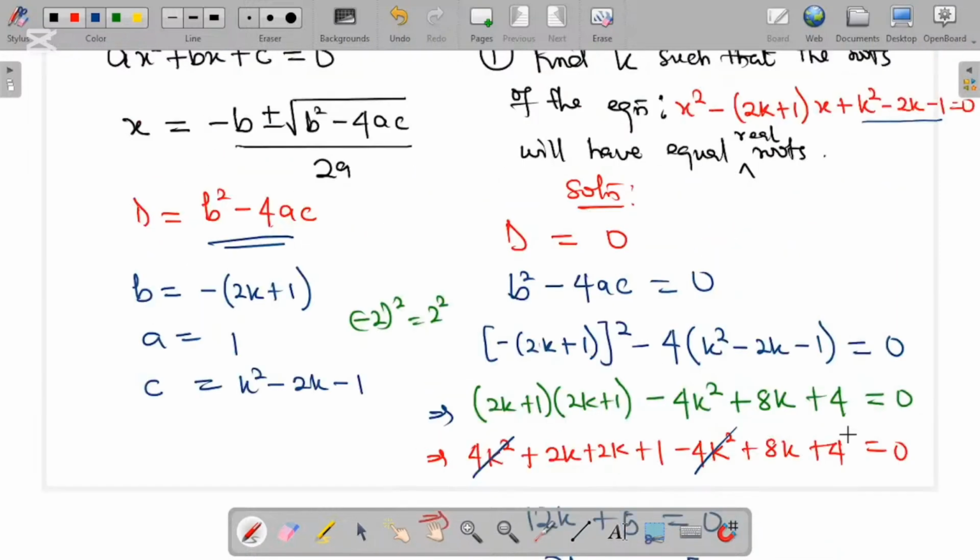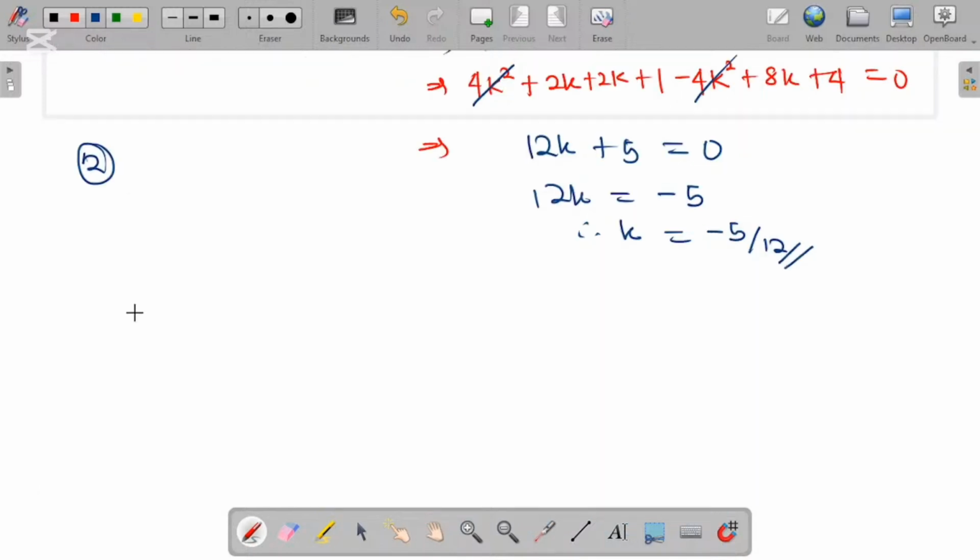Assuming we are told to find the value of k so that the root will be real and distinct, that means we are going to use b squared minus 4ac should be greater than 0 to solve, and then you just substitute. So look at this other question.